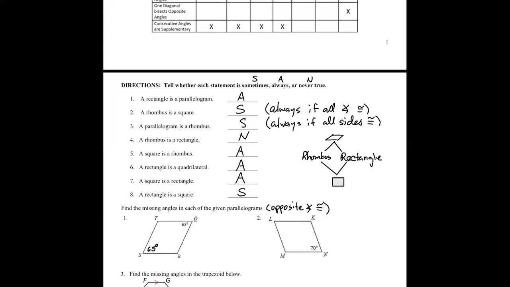I think I said 365. So the total of all four of the angles is going to be 360 degrees.